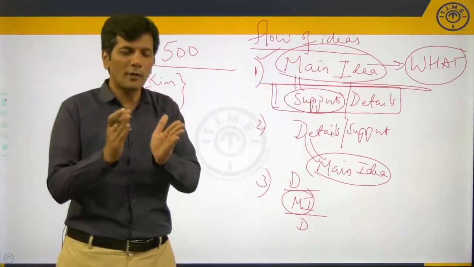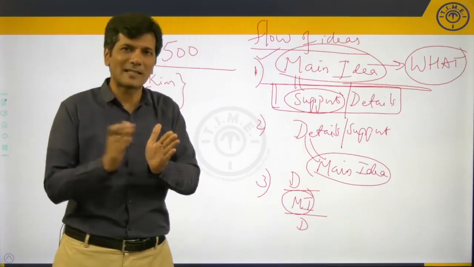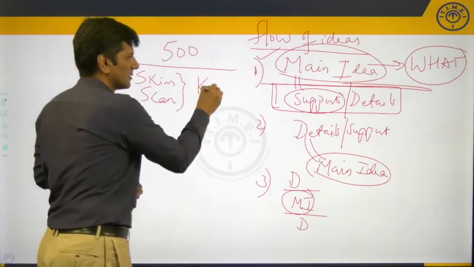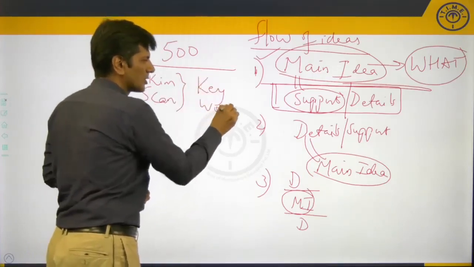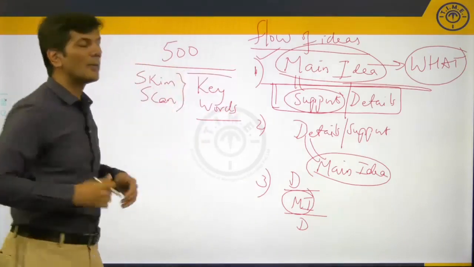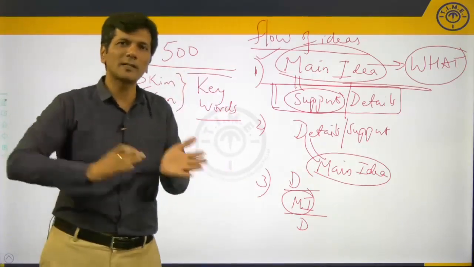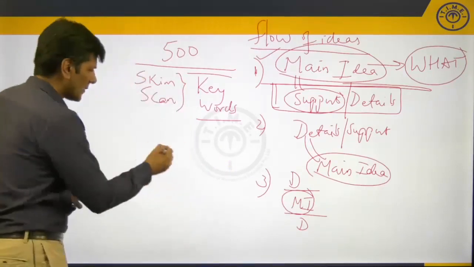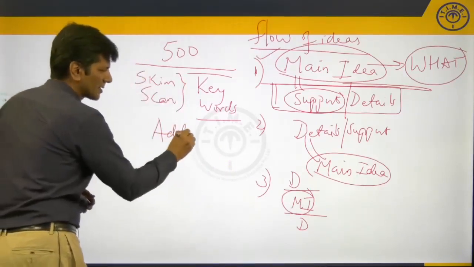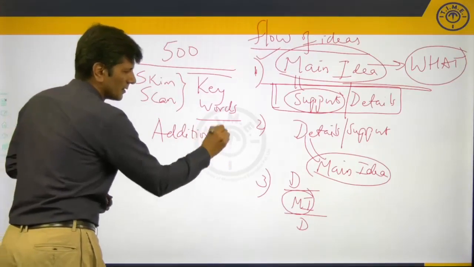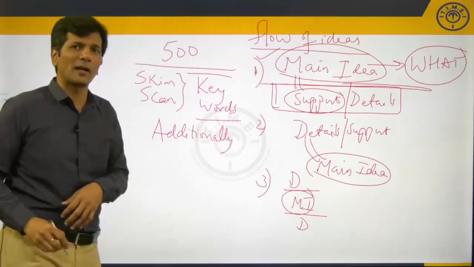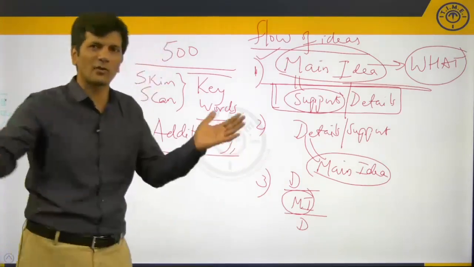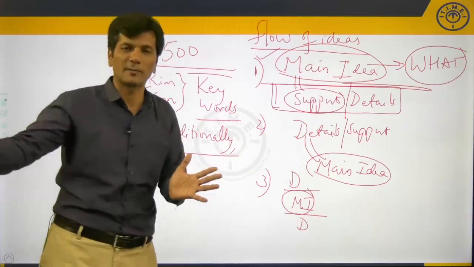So if you start skimming and scanning and you're able to spot some keywords in the passage, you will be able to filter supporting details from the key points. Now, for example, let's say the author, in the second sentence of the second paragraph, uses a word like additionally, and then he writes a sentence which runs into, let's say, 20-25 words.